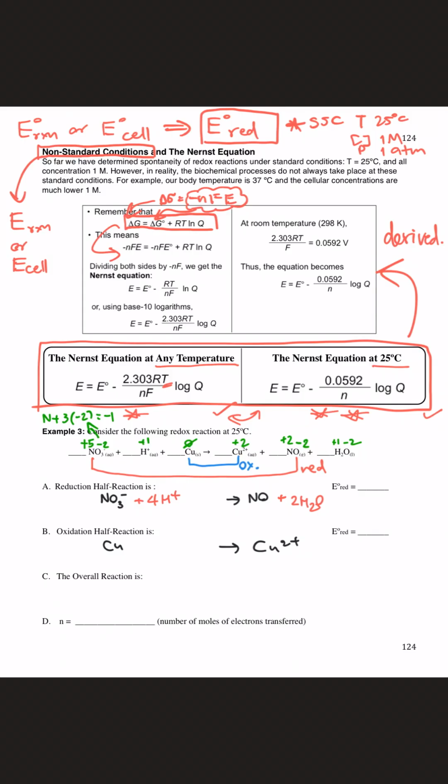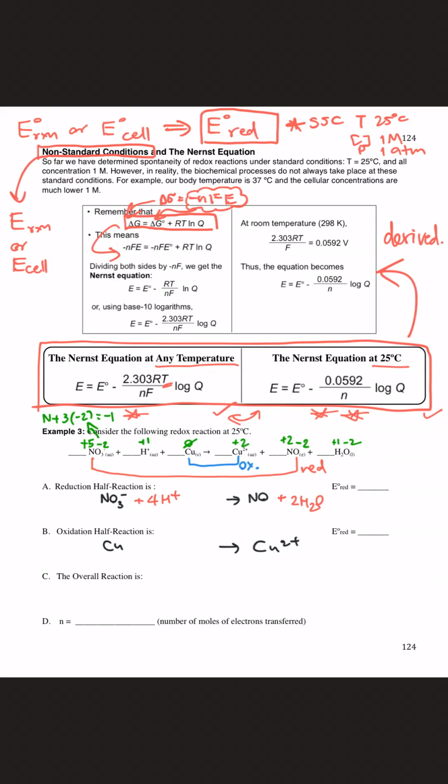Therefore, this would be balancing in acidic solution, so we can just leave it as proton like that. Now let's check the number of elements before we move on to the charge. 1 nitrogen, that's good. 3 oxygen, 2 plus 1, that's 3 oxygen. 4 hydrogen, that's also 4 hydrogen, so that's good.